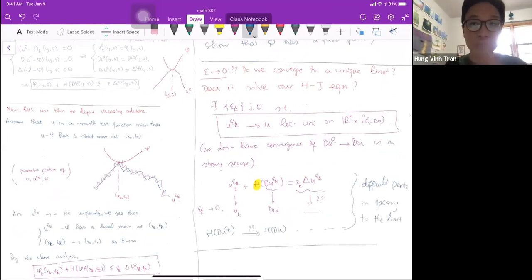And this is also why it's really hard to go from Navier-Stokes to Euler. It's much harder, but there's a nonlinearity in Navier-Stokes and Euler. Same here, H of Du epsilon acts as a nonlinearity, and we can't just pass the limit freely.